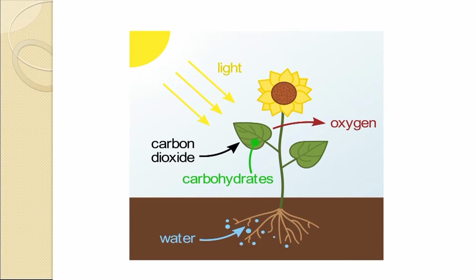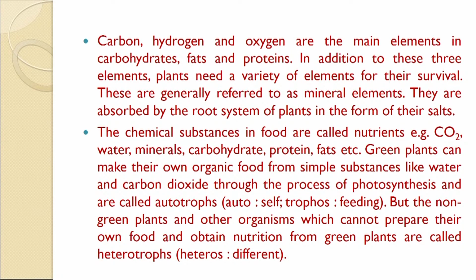Apart from water, plants can take up various types of minerals like nitrogen, potassium, phosphorus and others through their root hairs, which are required for various physiological processes in the plant. Carbon, hydrogen and oxygen are the main elements of carbohydrate, protein and fat, which are the major types of nutrients as we discussed.